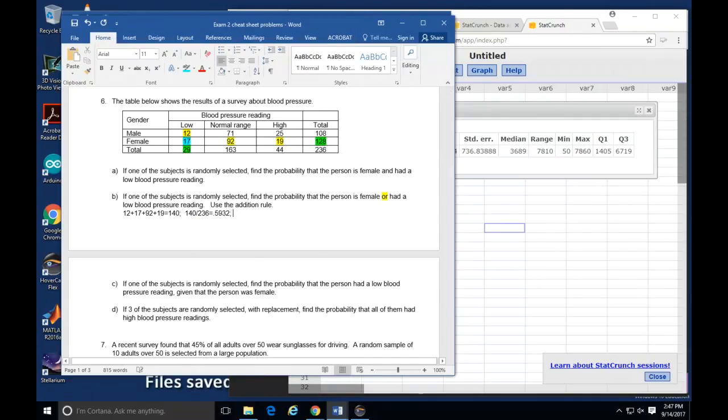So we could take the 29 plus the 128, and then we'd have to subtract the 17 because we actually added it in there twice. That should give us the same answer we got here, which was 140. And then again, to get our probability, we divide the 140 by the 236.